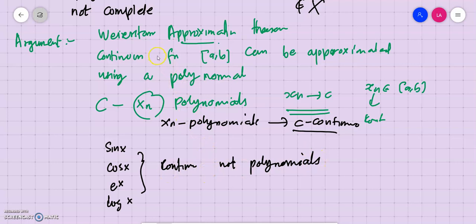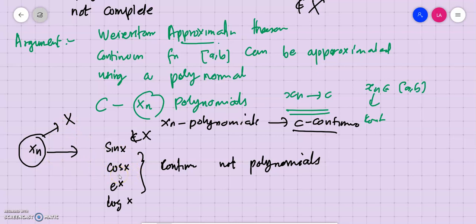Using the Weierstrass approximation theorem, every continuous function can be approximated using polynomials, which means there exist polynomials which converge to a continuous function. But in general, a continuous function need not be a polynomial. So consider sin x. There exists a sequence x_n of polynomials which converges to sin x. This x_n belongs to our space X of all polynomials on the closed interval [a, b], but its limit function sin x is not an element of X. Similarly, if we take y_n of polynomials in capital X which converges to cos x, cos x is not a polynomial.